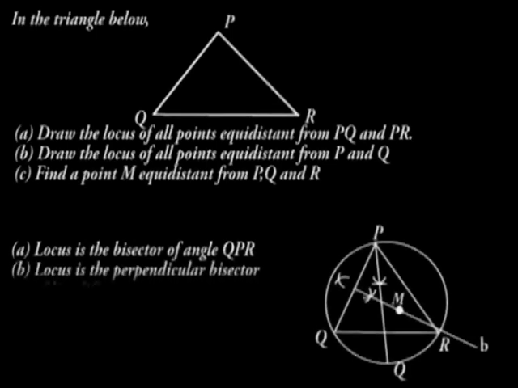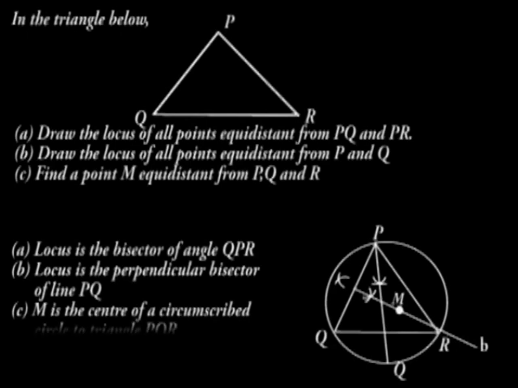B. The locus of points equidistant from P and Q is the perpendicular bisector of line PQ. C. Point M is the center of the circumscribed circle of triangle PQR.